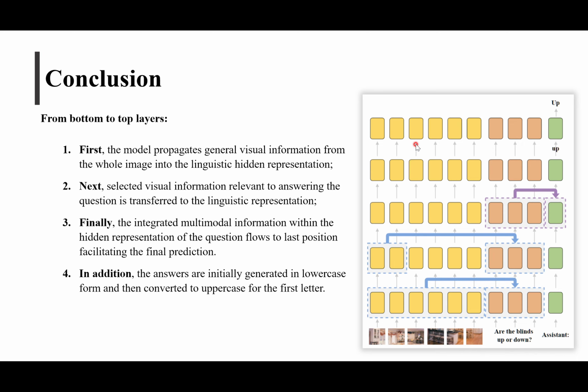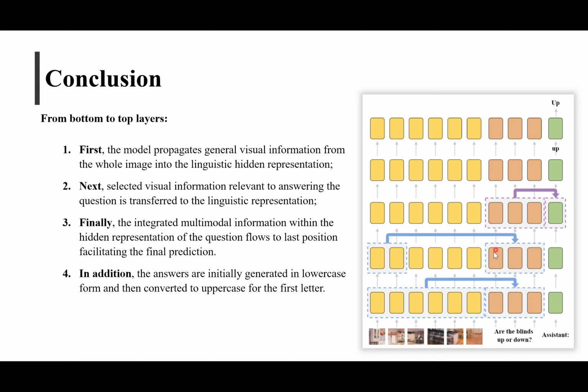So, conclusion. When a multimodal large language model is performing the multimodal task, the inputs are the image, the question, and the last token. In the low layer, the model transfers the whole image information to the representation of the question, and then only the related image patch information is transferred to the representation of the question.